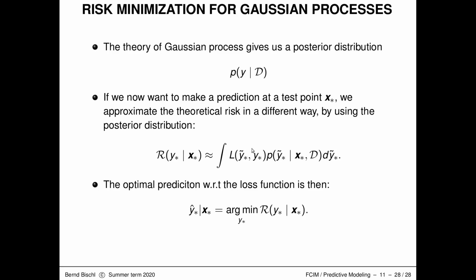The risk of a certain outcome prediction Y star is simply this integrated loss, where we compare Y star with all potential points Y star and integrate out over the predictive posterior density of our process at the point X star. And now we just minimize this, pick the best point under this loss function, and are then basically done.